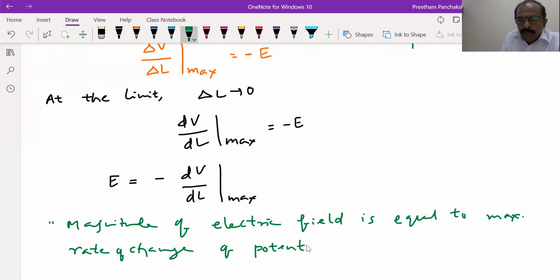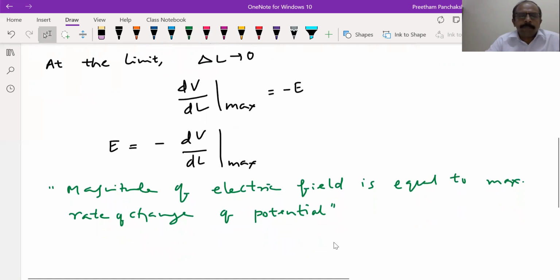So very useful information. The electric field is always calculated from the maximum rate of change of potential with respect to distance.